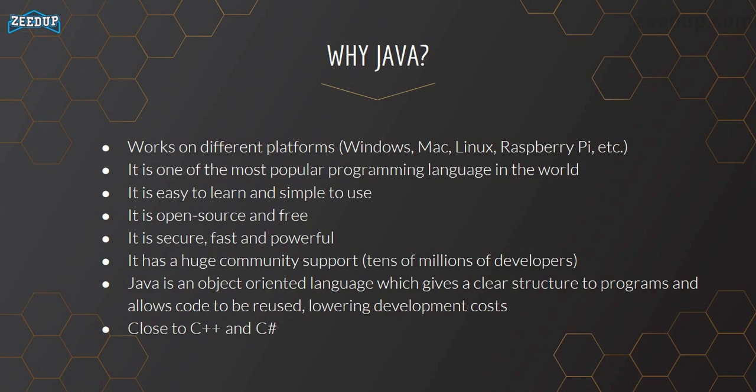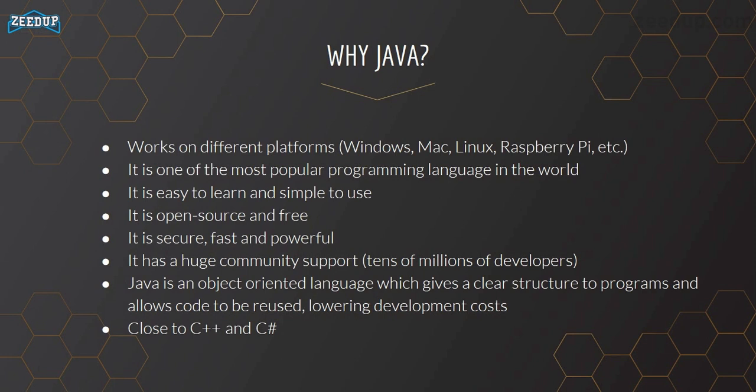It is easy to learn and simple to use. This is one of the greatest advantages of Java. It is open source and free, so you need not pay anything in order to download or use Java. You can just work with it freely.